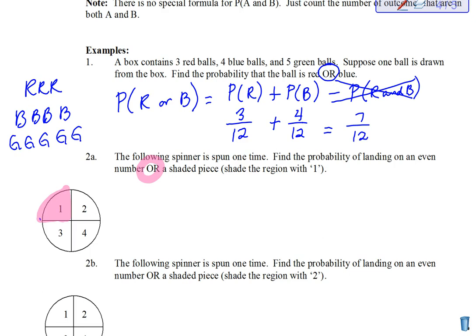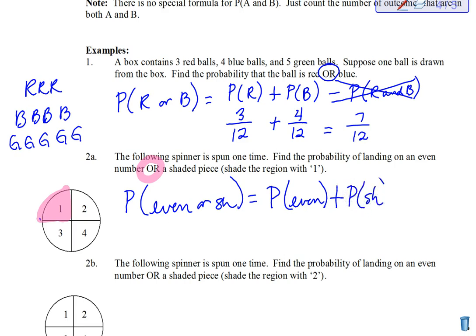So what I want is the probability of landing on an even or a shaded, and I'm going to abbreviate. So I need the probability of an even plus the probability of a shaded minus the probability of getting an even and a shaded.